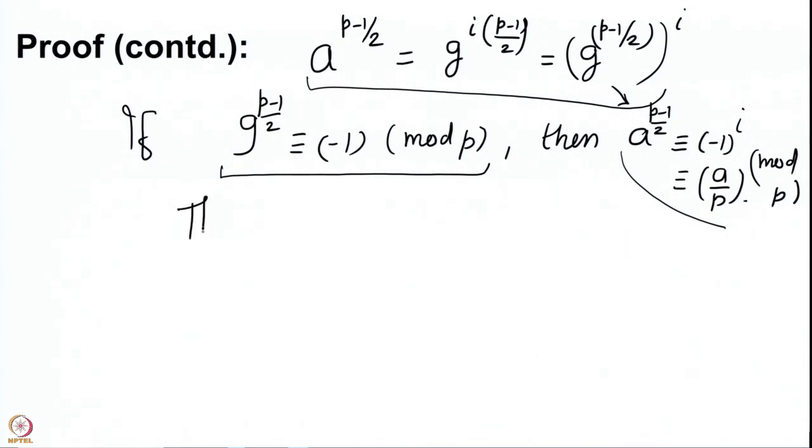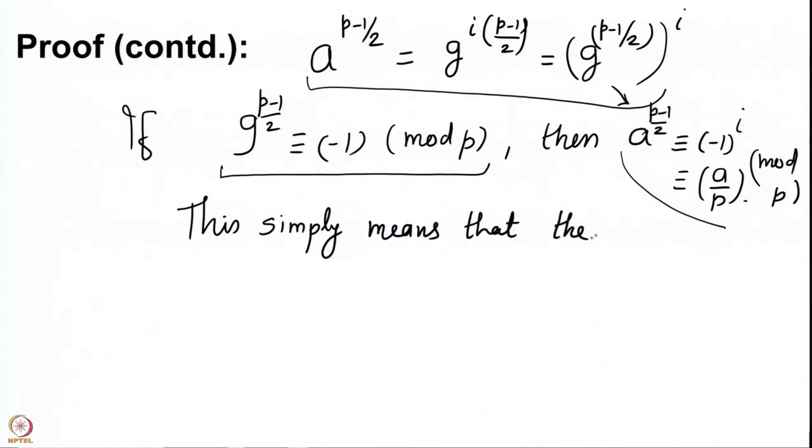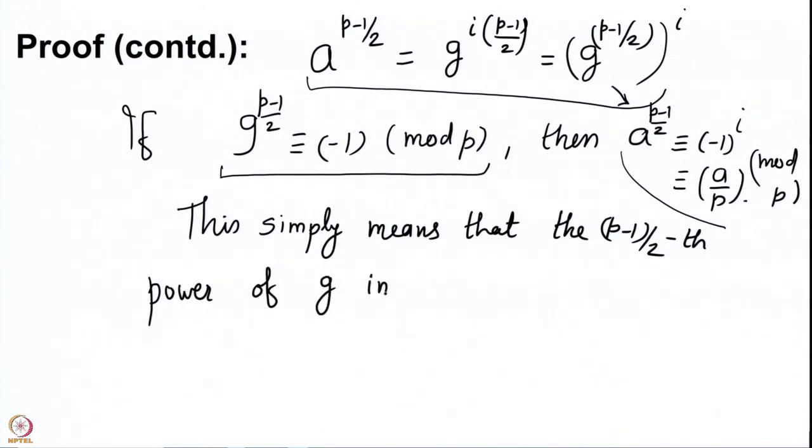So, this simply means that the P minus 1 by 2th power of G inside UP is equal to minus 1.